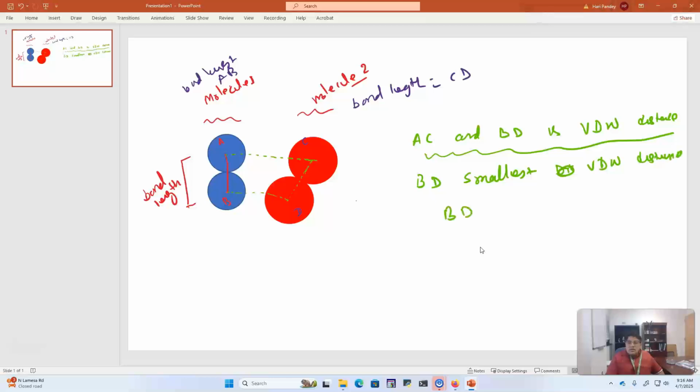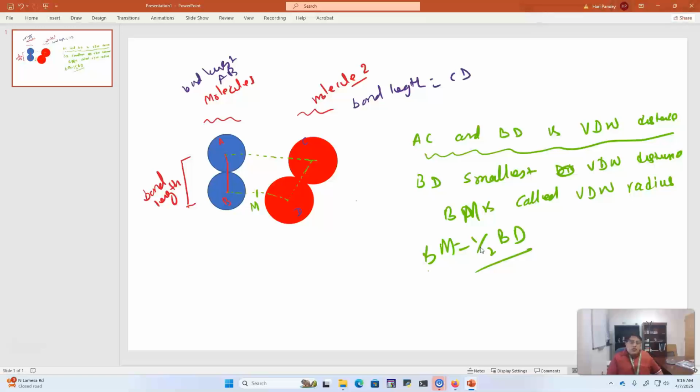So BD is called the van der Waals diameter, and the van der Waals radius is half of that. Let's say BM is half of BD, and this half of BD is the van der Waals radius.